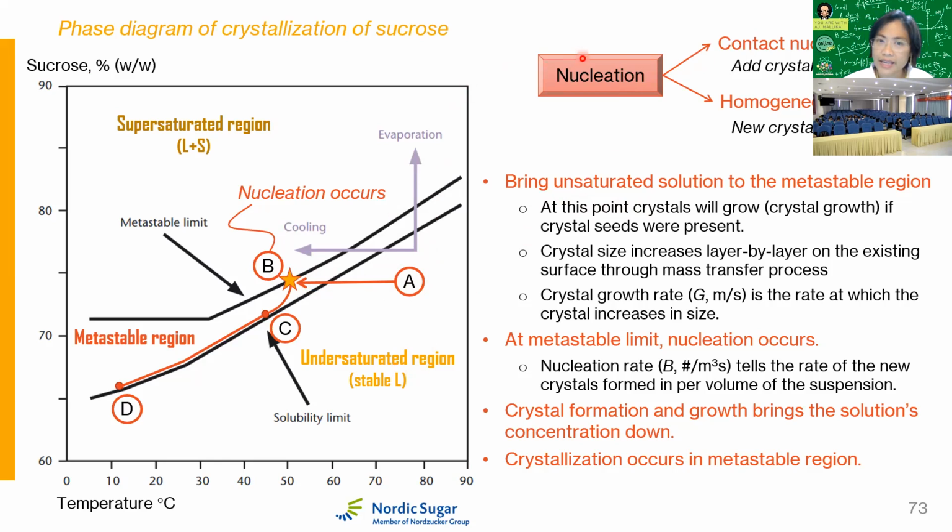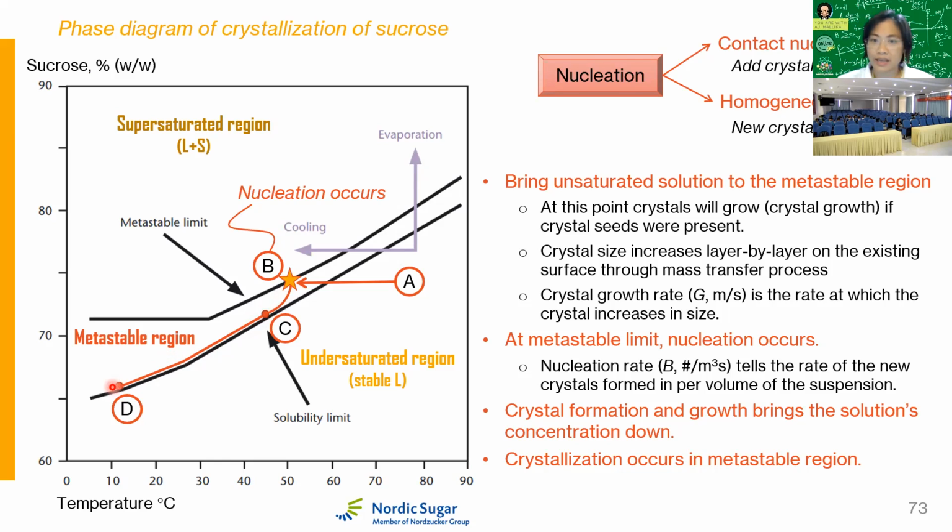So with the nucleation, I'll talk about this later a little bit then. When you have a nucleation occur at this point, if you maintain things in the metastable region, that is when your crystal size will increase, layer by layer by layer.